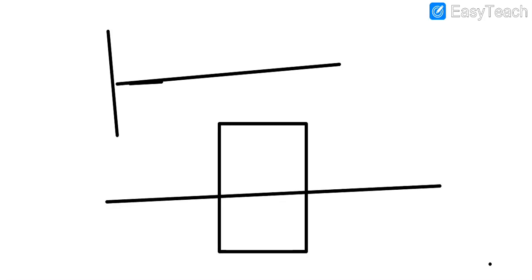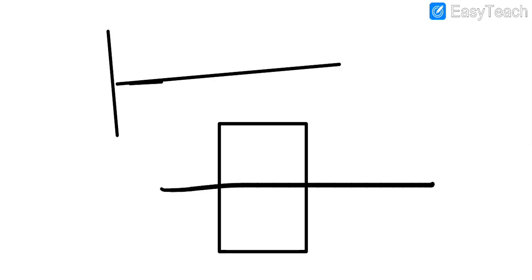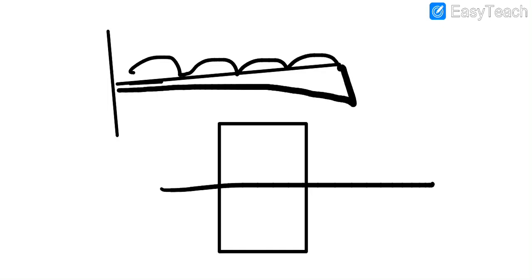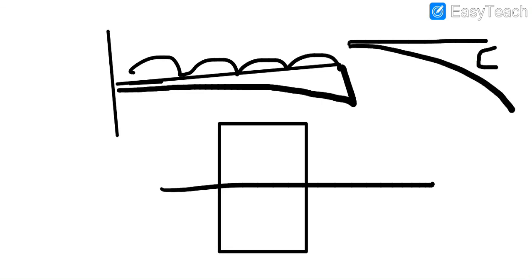When load comes on it, as a UDL, this UDL will cause it to deflect in this manner, causing compression at the bottom and tension at the top. Here we can see the tension will occur at the top and compression at the bottom.